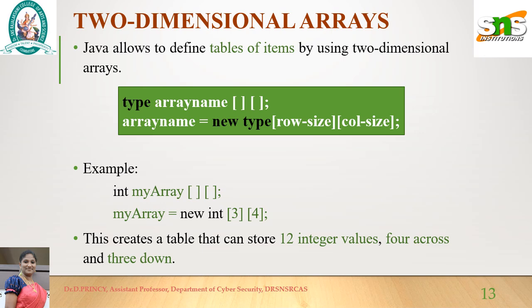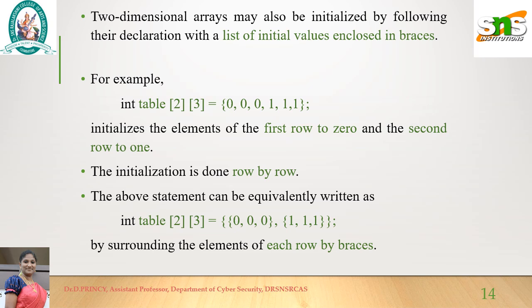To access the two-dimensional array, we use nested for loops. The outer loop executes the rows, the inner loop executes the columns. See here, I'm initializing the values for the two-dimensional array using the second method. That is, at the time of declaration, I'm assigning the values directly using the curly braces.